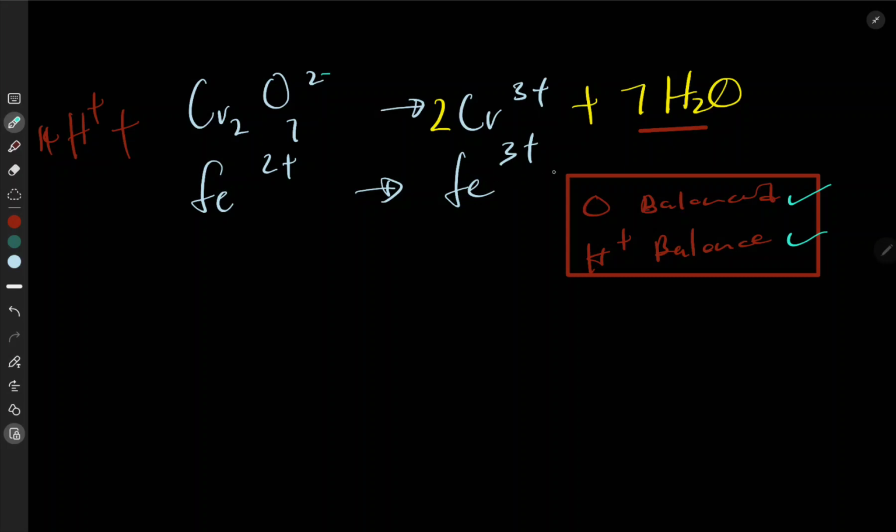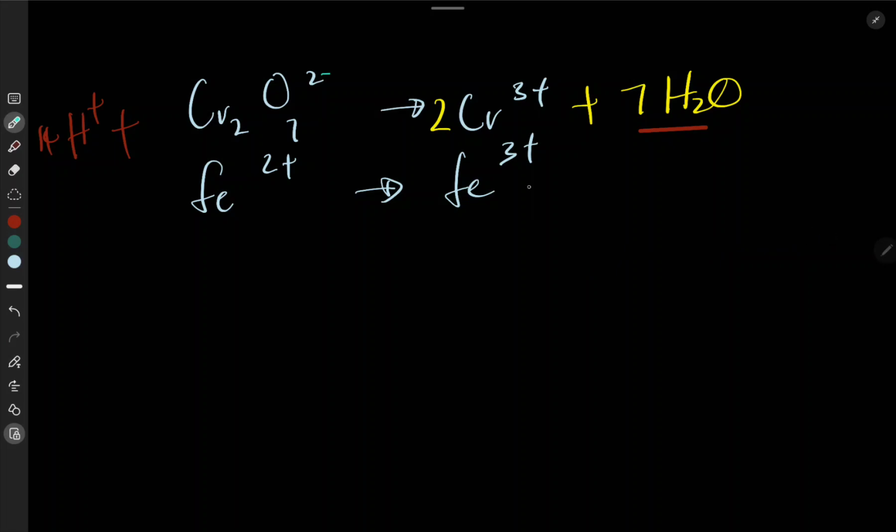Remember, we can only add electrons. So to make this one balance again, we'll have to add 1 electron on this side. And now if you check here, we have our sum as 2, and we have our sum here as 2, so we have balanced the electrons.